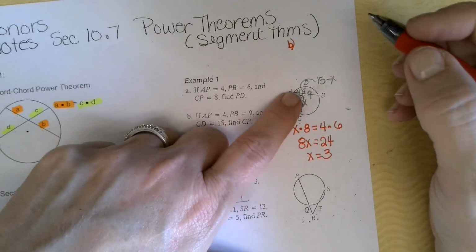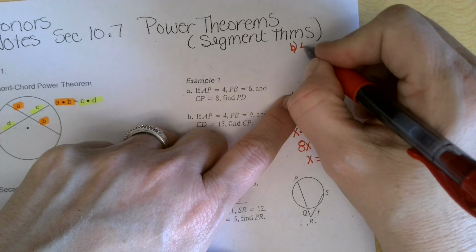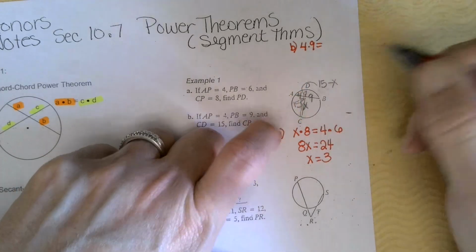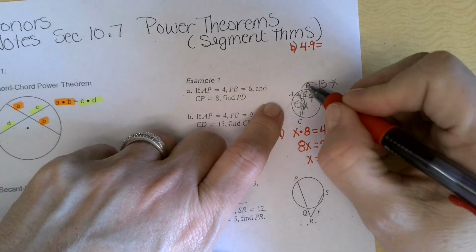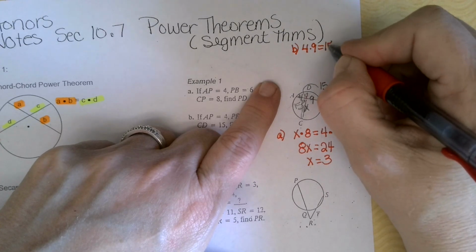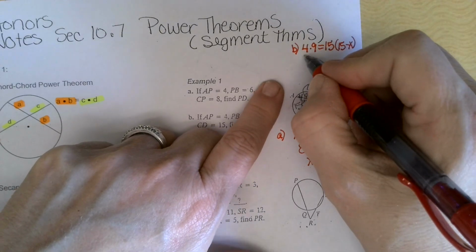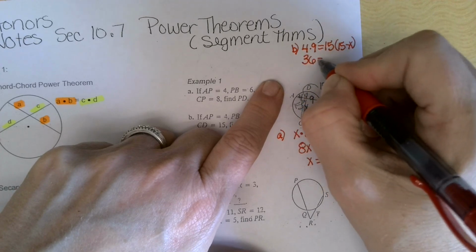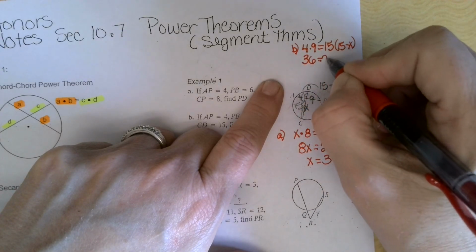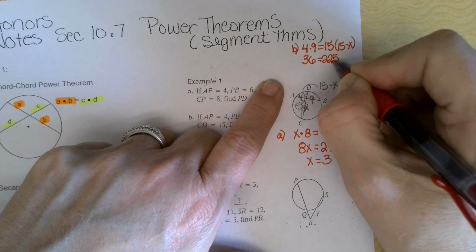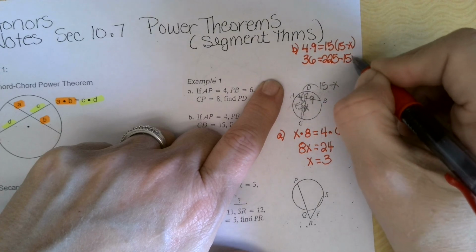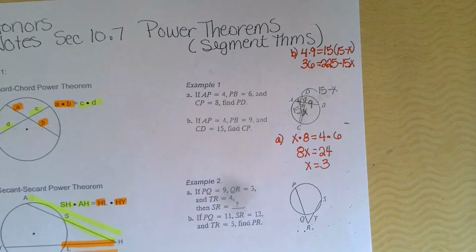So now we can say 4 times 9 equals 15 times 15 minus x. 4 times 9 is 36. 15 times 15 is 225 minus 15x. And we can subtract 225.